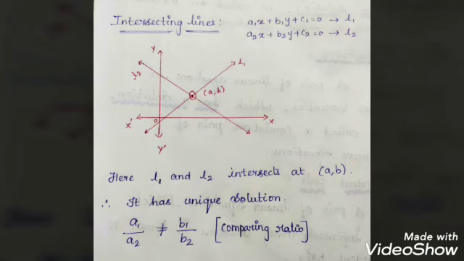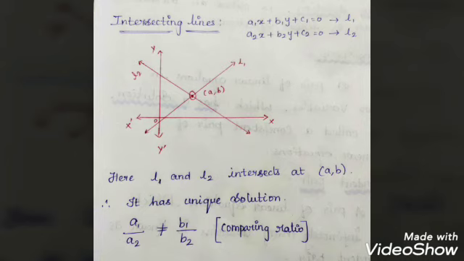First is intersecting lines. We are taking 2 lines. One is a1x + b1y + c1 = 0. Another one is a2x + b2y + c2 = 0. See the diagram: the 2 lines L1 and L2 intersect at the point (a, b). So (a, b) is the solution of this pair of equations.